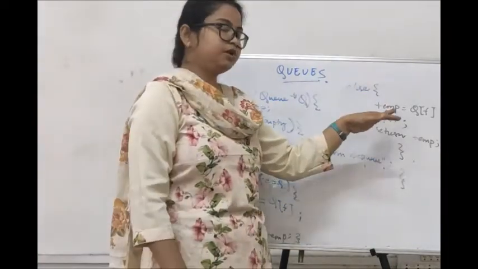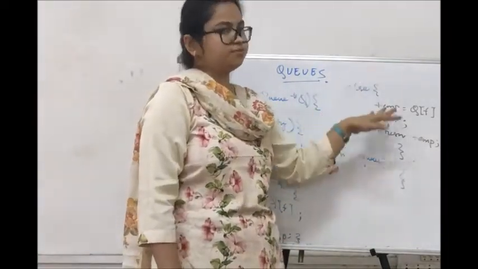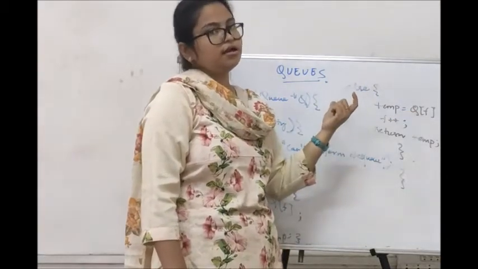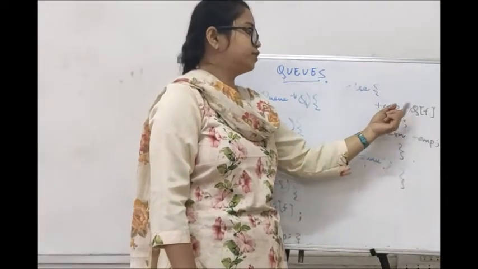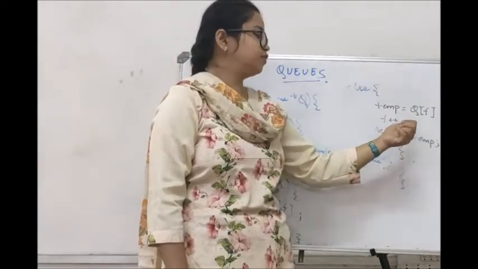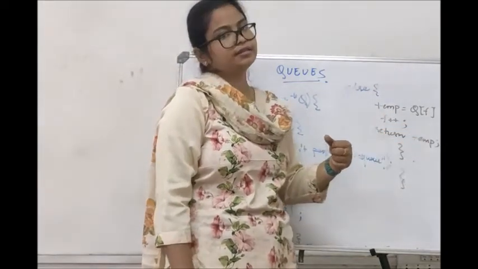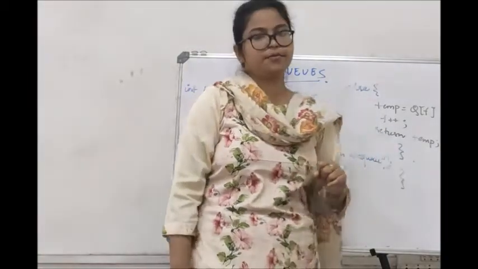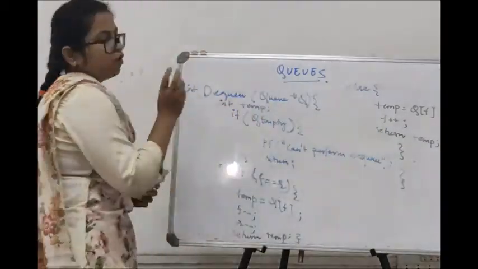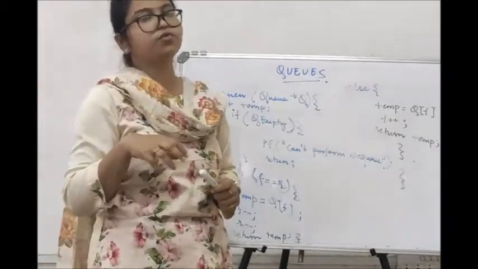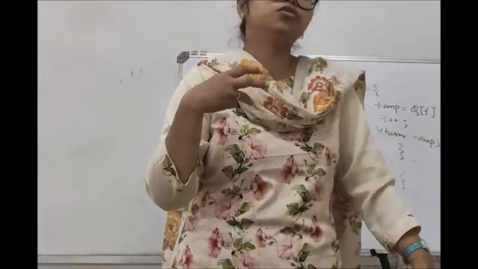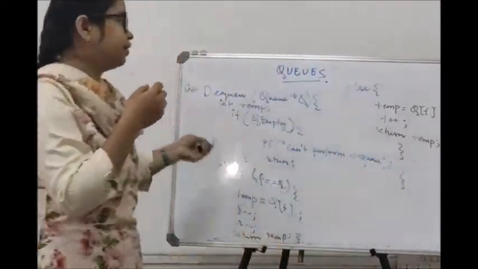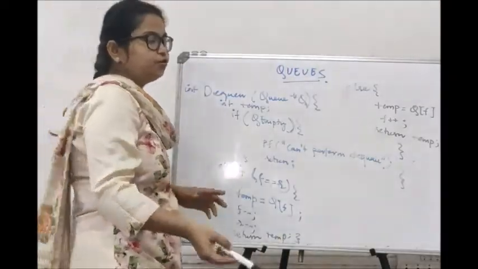Otherwise, in the normal case, if there are multiple elements already present, we just take the element out from the front end, increment the front, and return the element that we just DQ'd. So it will return 10. DQ always gives an element out of the queue, and NQ always inserts an element into the queue. So this was the entire logic of NQ and DQ.